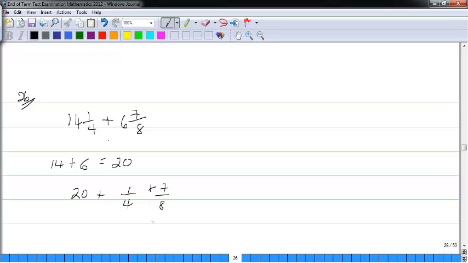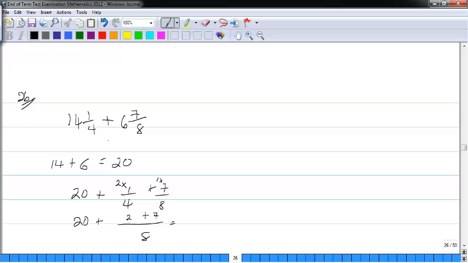Okay, so let's find a common denominator for 4 and 8. We can use 8, and 4 could go into 8 2 times. 2 ones would be 2, plus 8 into 8 1 time. 1 times 7, 7.